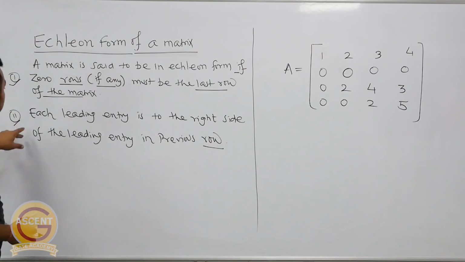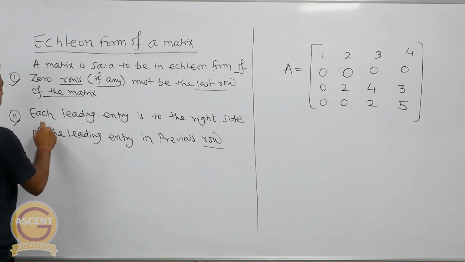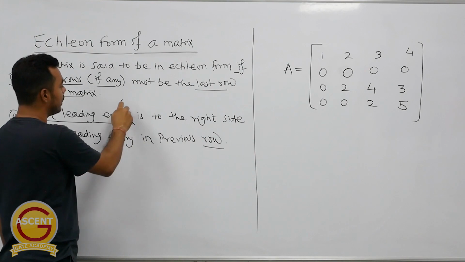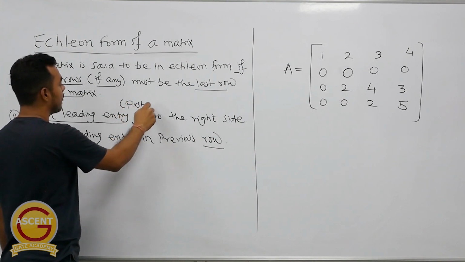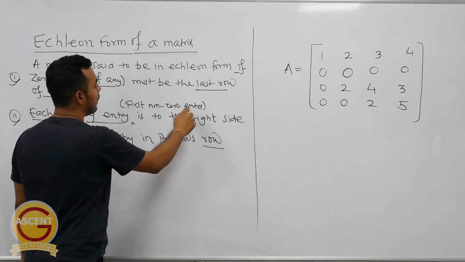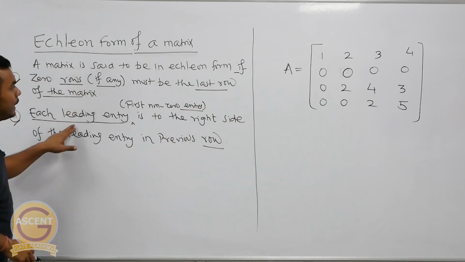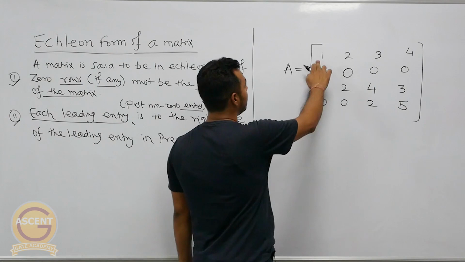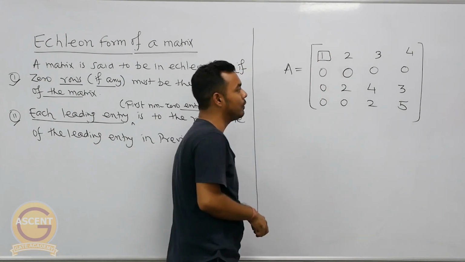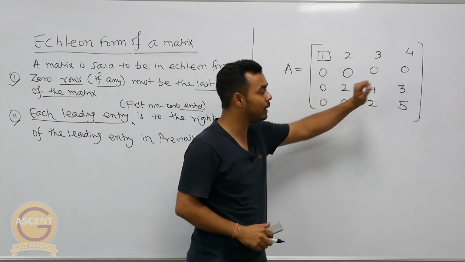Now the second condition is each leading entry. So we have to understand the meaning of this leading entry. Leading entry is nothing but first non-zero entry. For example, in R1 you can see that this first non-zero entry is 1, so this is the leading entry. In R2 we don't have any leading entry.